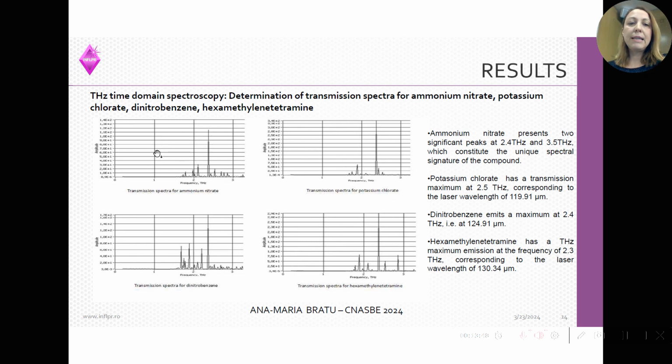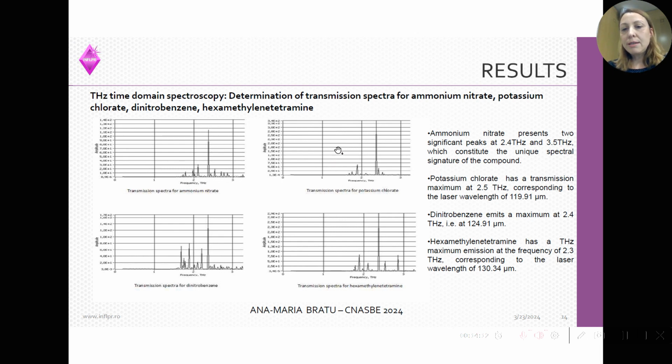In the transmission spectrum of the substances, we can see that ammonium nitrate presents 2 significant peaks at 2.4 terahertz and 3.5 terahertz, which constitute the unique spectral signature of the compound.